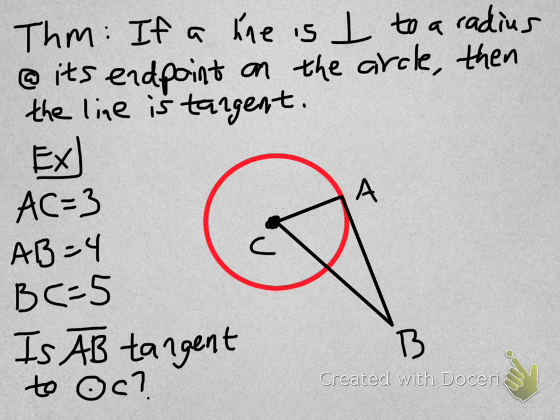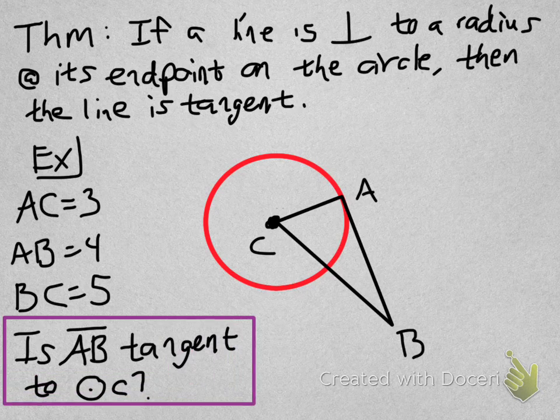So, another theorem. If a line is perpendicular to a radius at its endpoint on the circle, then the line is tangent. So we're trying to figure out, is AB tangent to circle C? So let's use this theorem to our advantage.